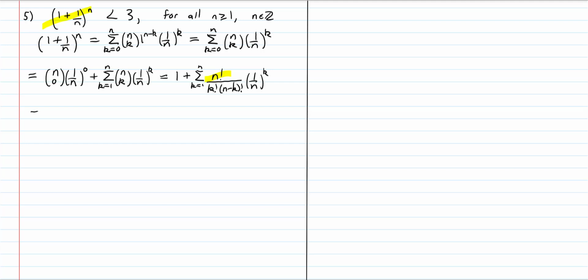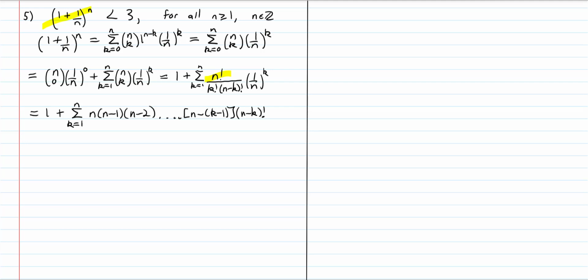So we're going to have then, this is equal to 1 plus our sum from k equals 1 up to n, and then in the numerator we're going to write that n factorial as n times n minus 1 times n minus 2, and it's going to go up to, well, the term before n minus k is going to be n minus k minus 1, and then we'll multiply that by n minus k factorial.